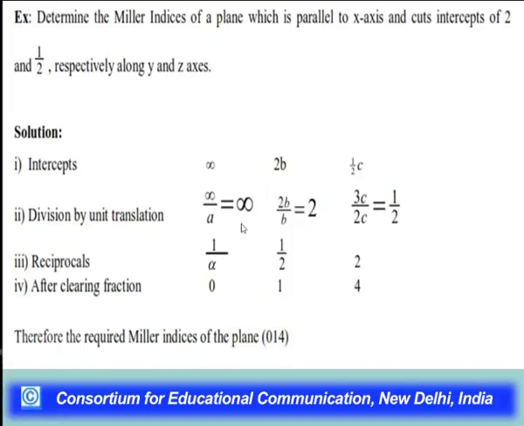Then we divide by the unit translation, it will be infinity, 2 and 1 by 2. Now take the reciprocal: 1 by infinity, 1 by 2 and 2. Clearing the fractions we have 0, 1, 4. Now the Miller indices will be 0, 1, 4.